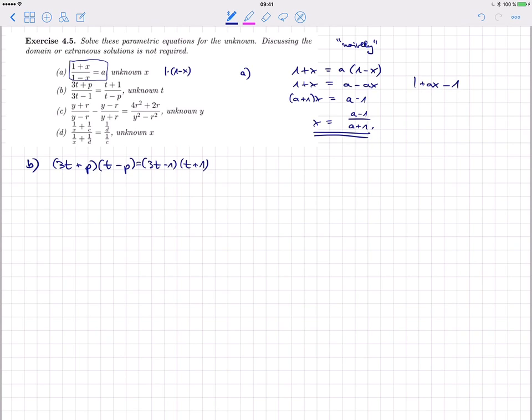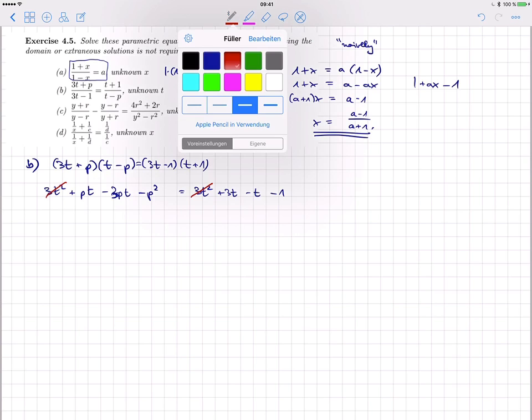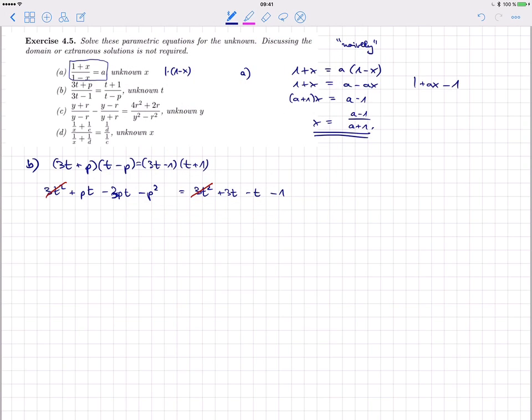And now let's expand. 3t squared plus pt minus 3pt minus p squared equals, and we already see that the squared term vanishes. We are left here with minus 2pt minus p squared, and here it's 2t minus 1.